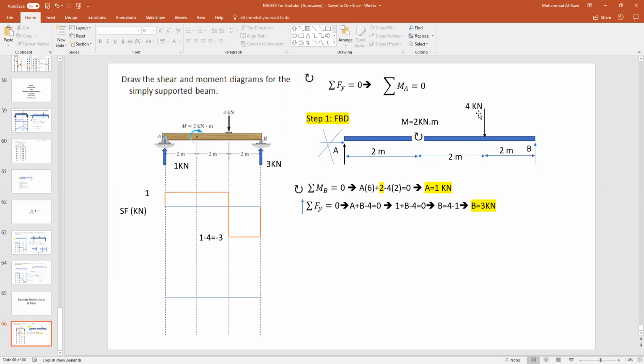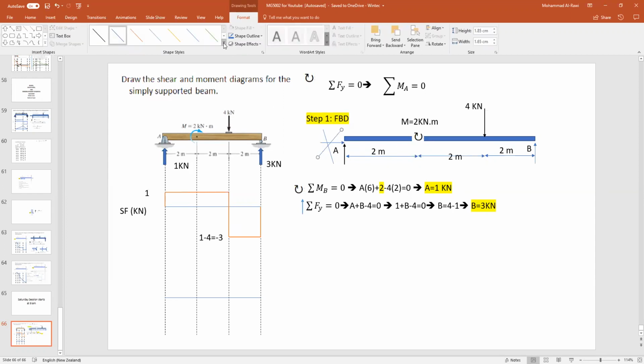And we have a point load of 4 kilonewtons about 4 meters from the left, or 2 meters from the right, the way you want to read it. Since there are no horizontal forces in this beam, I canceled the horizontal support reaction, because it's not doing anything for me at this stage.